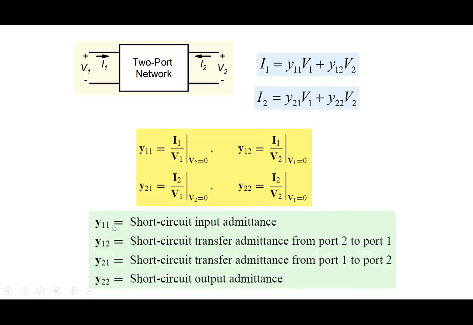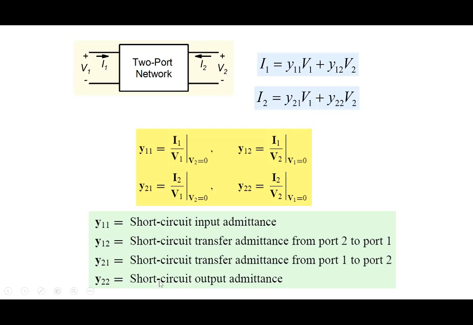And similarly, they have their names. Y11 we'll call it admittance, because it's the ratio of current and voltage. We are seeing it on the input side, so we call it input admittance here. And because it's being determined with output short circuited, V2 is 0, that's why we call it short circuit input admittance here.